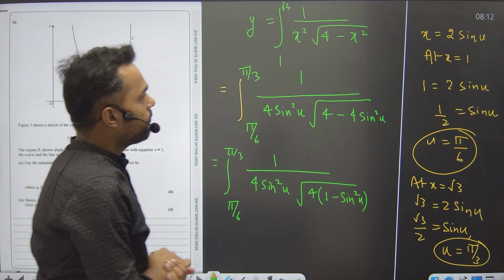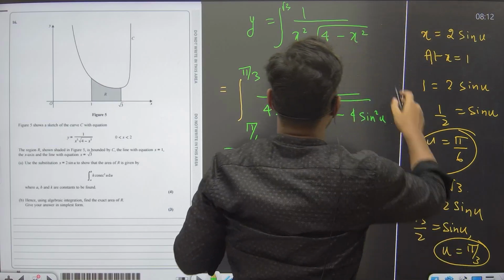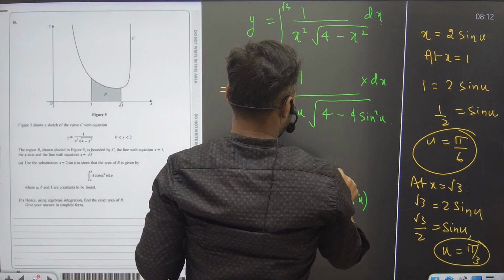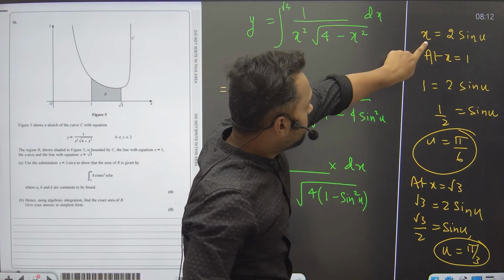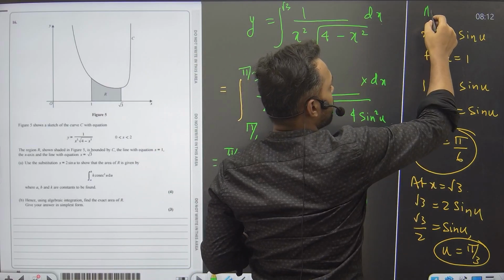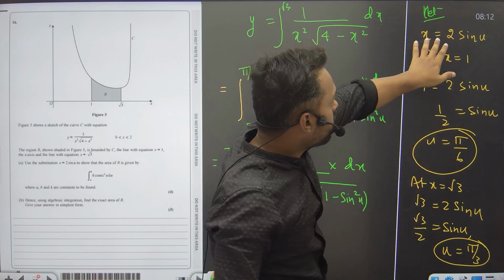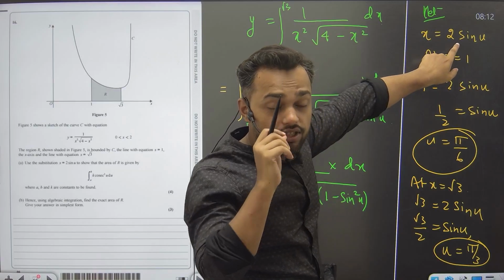Okay, one more thing. If x is equal to 2 sine u, dx should be mentioned. We have kept, let x equal 2 sine u. So what will be the dx from here? We forgot to mention the dx part here.